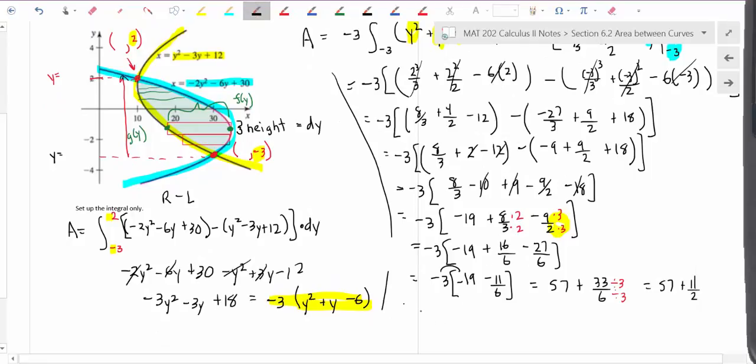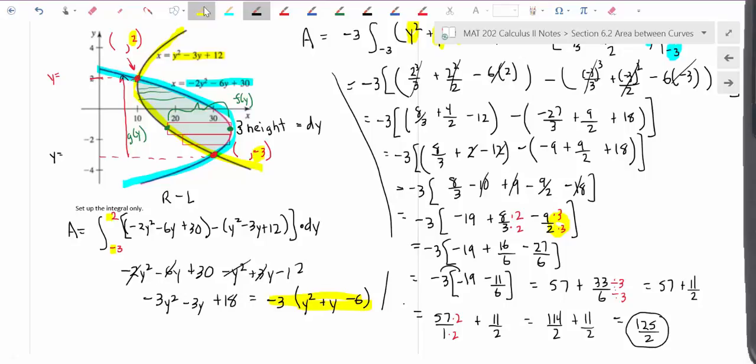So I got 57/1 plus 11/2, and when I put that together, I introduce the common denominator. So it looks like I get 114/2 plus 11/2, which is 125/2. So that's the answer to the problem.